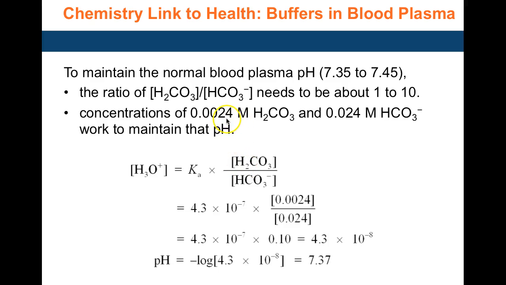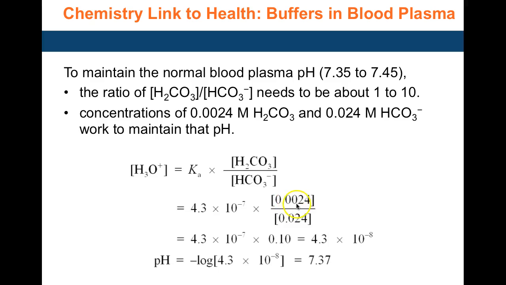Suppose the concentration of the acid was 0.0024 and the concentration of the bicarbonate was 0.024. So basically you have a 1 to 10 concentration.